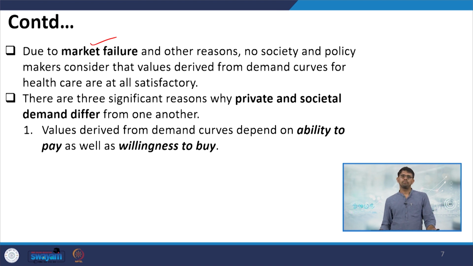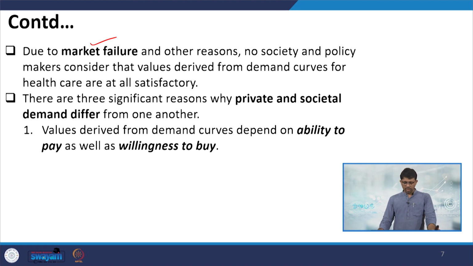It depends upon proper contracts and a competitive structure in the market. But if the market is not functioning very well, if it is biased or erratic, then the valuation of any product or service is not going to be correct.